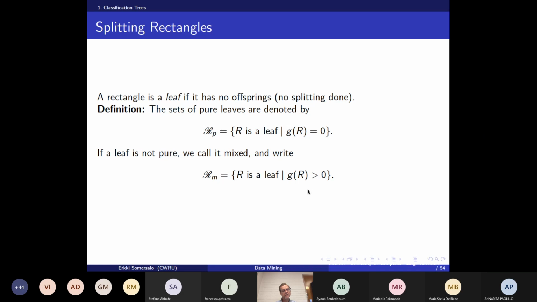So the process is as follows: you take 1 leaf at a time from the set of mixed leaves, and then you split, and then you check if the new leaves are pure or not, and then you place these new leaves in one of those sets. And so this is the process that we are going to follow.